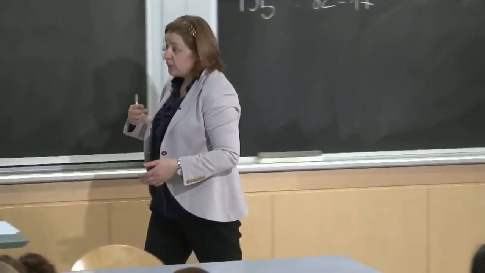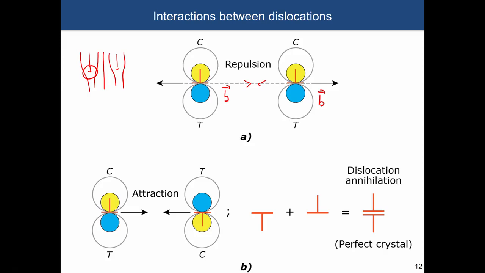So an opposite case happens when you have dislocations with opposite Burgers vectors. How that would look is that, for example, you have a dislocation that looks like this. Then you have another one that looks like this. And because they have opposite Burgers vectors, when they come close to each other, they will cancel each other, right?